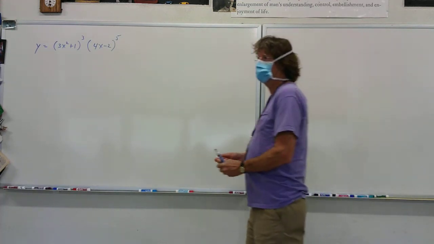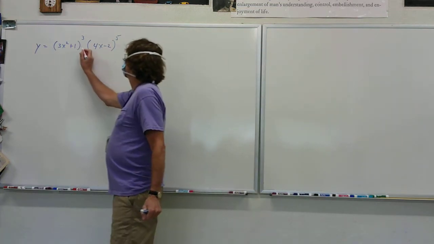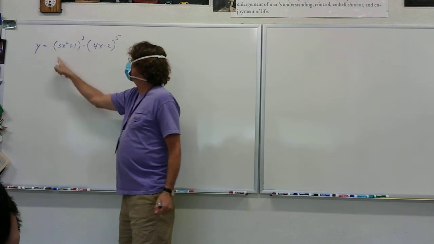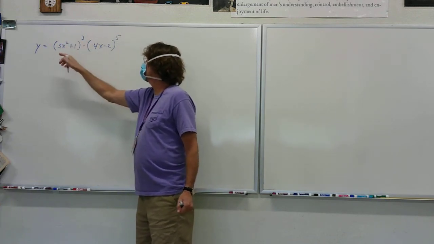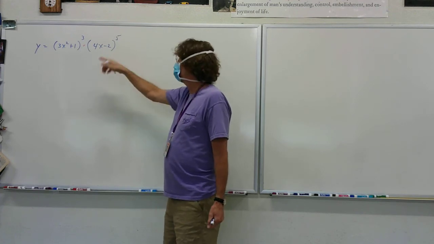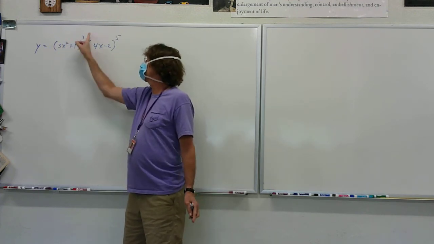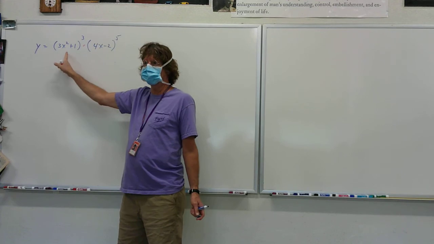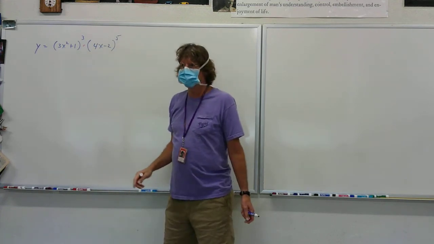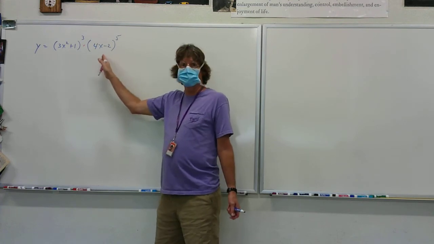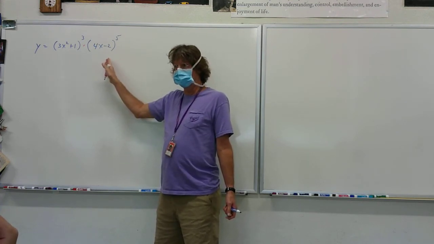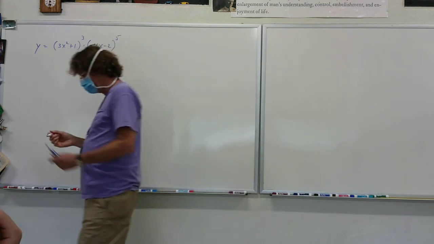But before we get there, let's put the little dot right here. There's your first function, and there's your second. Does everybody realize, though, when you take the derivative of that first function, you're going to have to use a power rule. And then when you take the derivative of the second function, you're going to have to use a power rule. All right? So, let's see if we can do that.